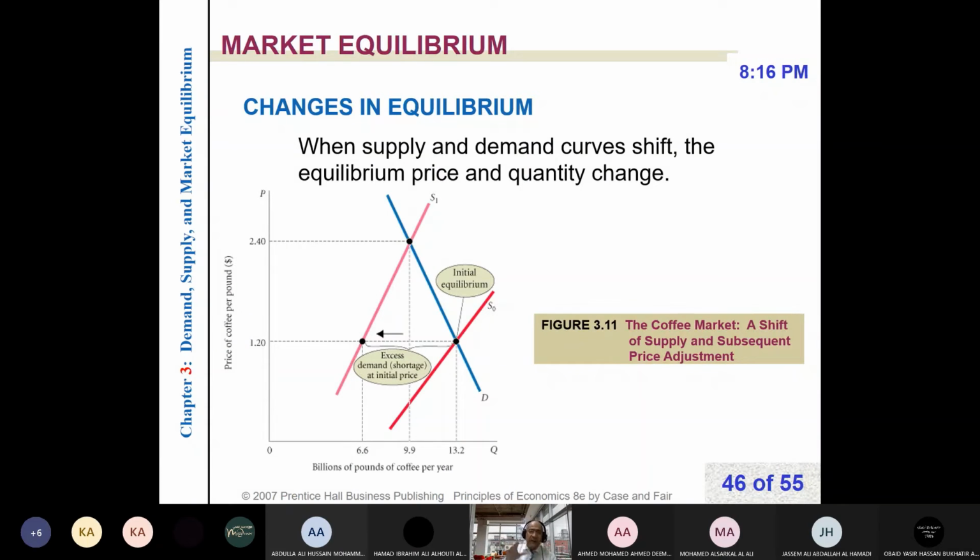Don't feel scared. I will ask you later. So as rent increases, that will affect supply. Supply will decrease. Since supply decreases, the equilibrium price will increase from 120 to 240, and the equilibrium quantity will decrease from 13.2 to 9.2. Do you understand this graph? Do you have a question?